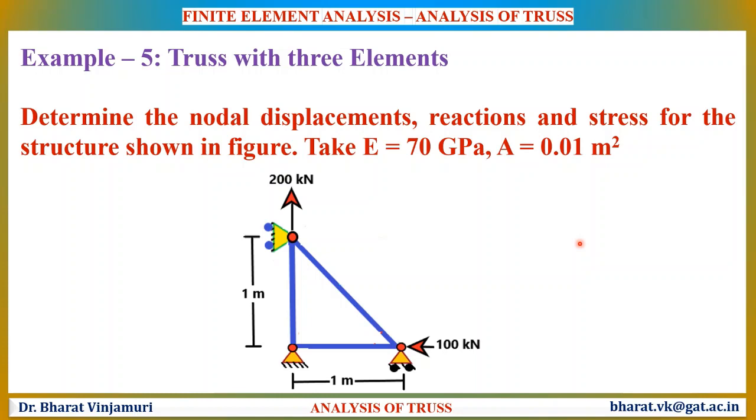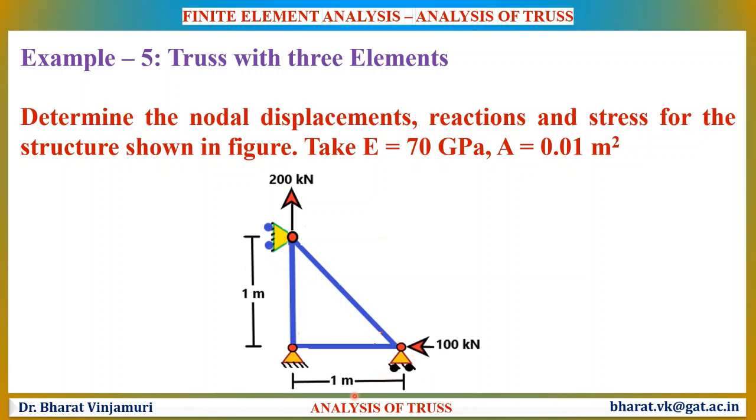Let us now solve one more example to understand this process. This example is pretty simple compared to the previous one. Here the dimensions have been given clearly as 1 meter, and in addition to the previous there are roller supports.